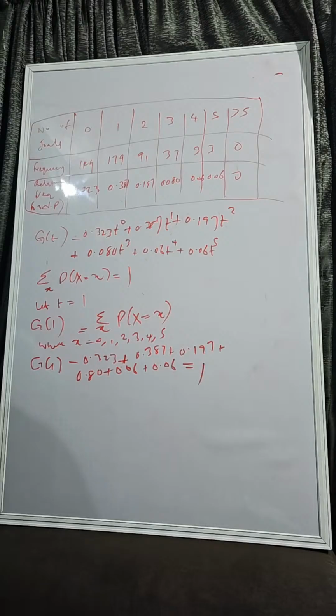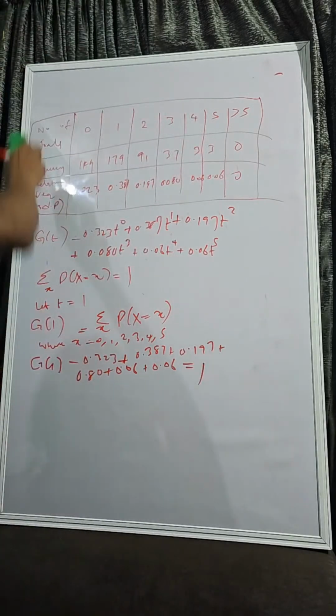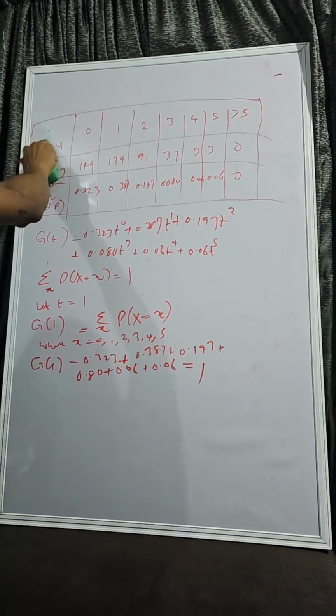Now, where is this used? We can use the PGF to get the sum of any probability distribution function. So for example, this table, we can write it in the form of the PGF. So let's convert our table to PGF form.